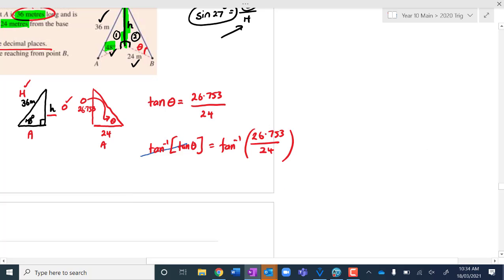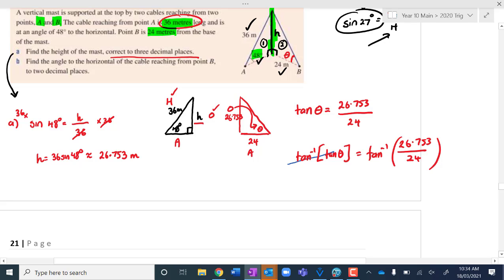We're looking for correct to 2 decimal places. So 48.1, and we're looking at the third one. Is it 5 or more? Well, it's 5 or more, so we'd be rounding that up to 2 decimal places.